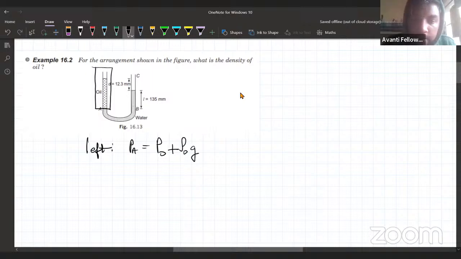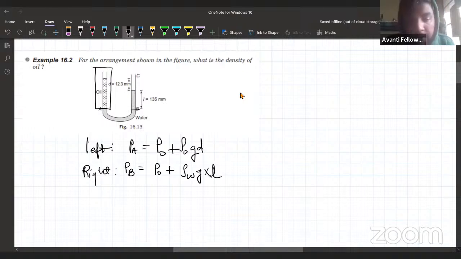This height is D. For the right, P of B will be equal to P naught plus rho of water into G into the depth. What is the depth here? It is L.